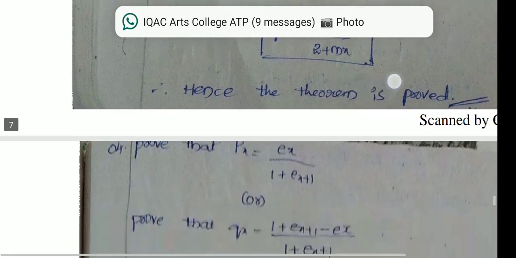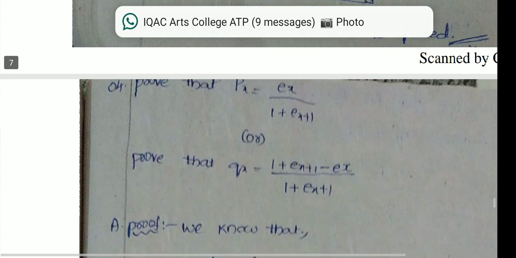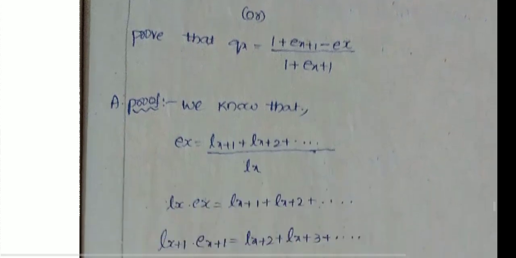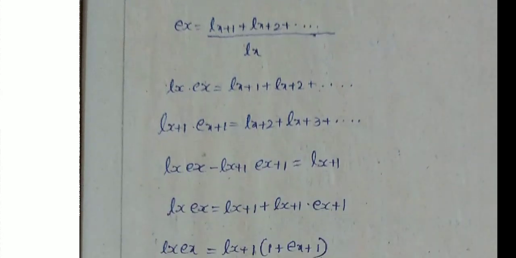This is another proof. Now we prove that p_x is equal to e_x by 1 plus e_x+1, and q_x is equal to 1 plus e_x+1 minus e_x by 1 plus e_x+1. We know that e_x is equal to small lx+1 plus lx+2, and so on, divided by small lx. Multiply cross, lx into e_x is equal to that equation, and replace x by x+1.